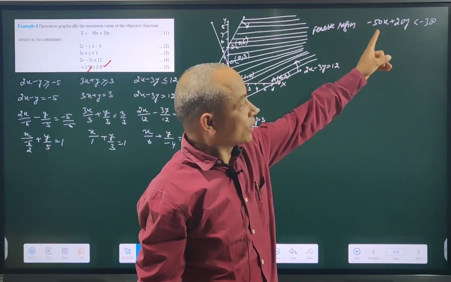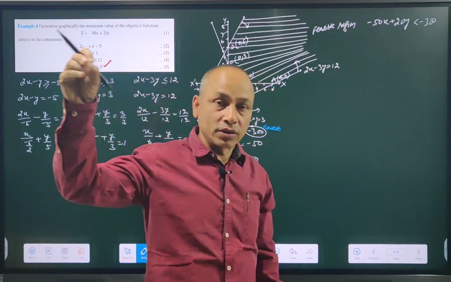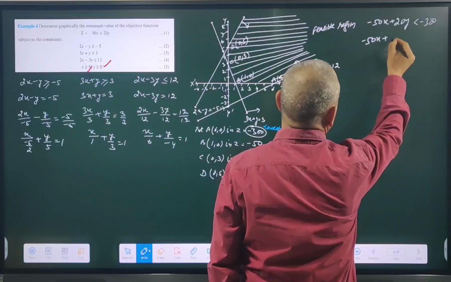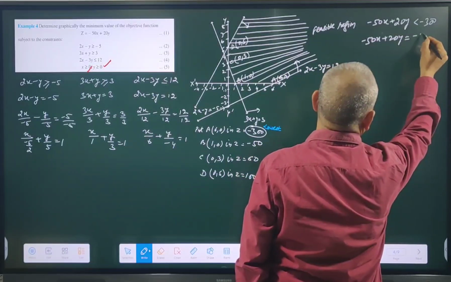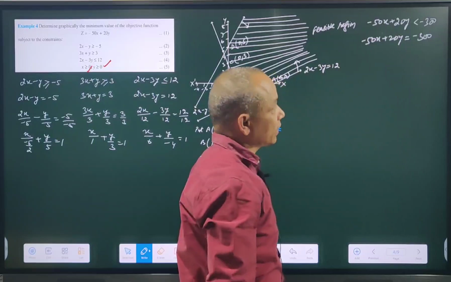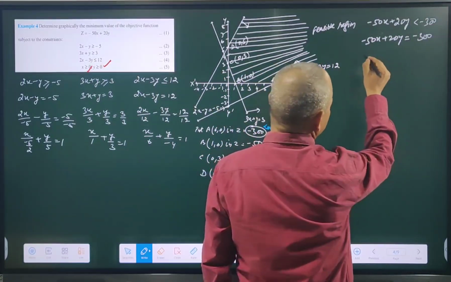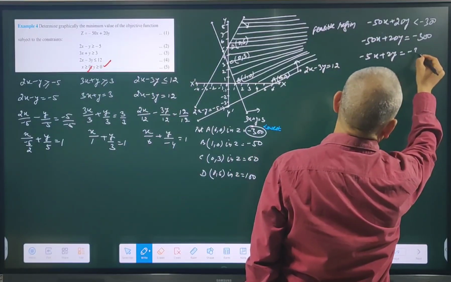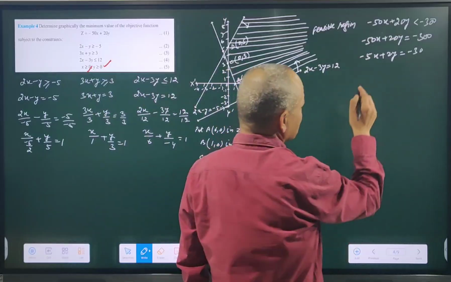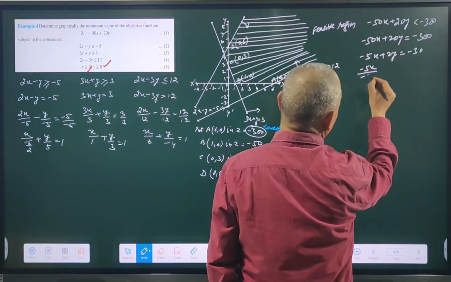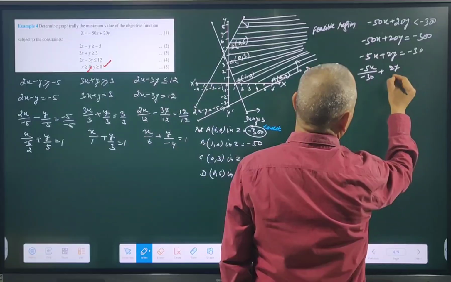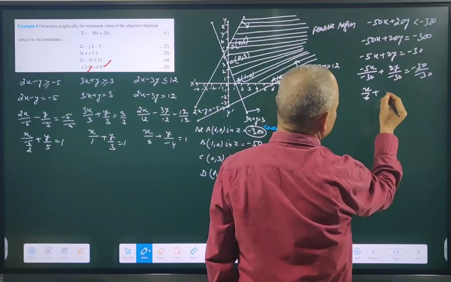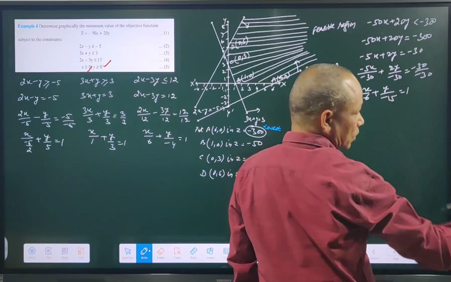So we will write the corresponding equation and then plot it on the graph. The corresponding equation will be minus 50x plus 20y is equal to minus 300. Zero cancelled out: minus 5x plus 2y is equal to minus 30. Divide both sides by minus 30. So minus 5x divided by minus 30 plus 2y divided by minus 30 is minus 30 divided by minus 30. X by 6, y by minus 15 is equal to 1.